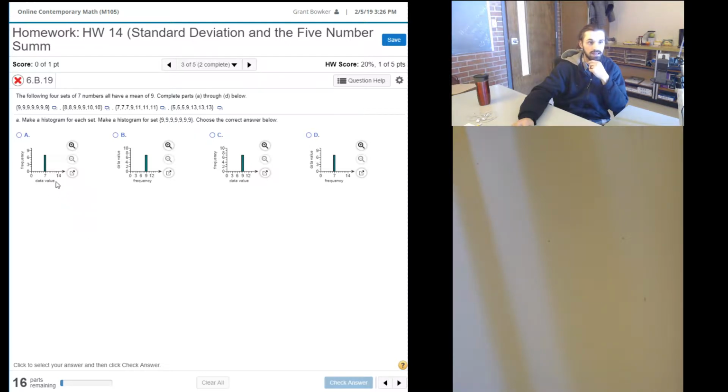So we want a data value of 9 that shows up 7 times. Showing up 7 times corresponds to a frequency of 7. So the data value of 9 and a frequency of 7 would be C. Do keep in mind C and B look very similar, but notice the labels on the axis are different.